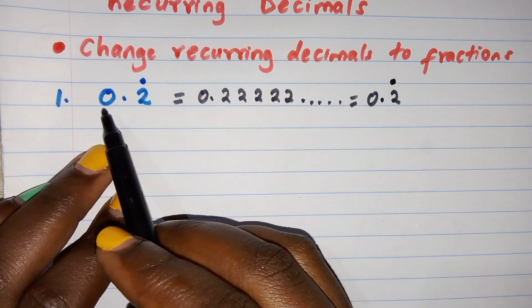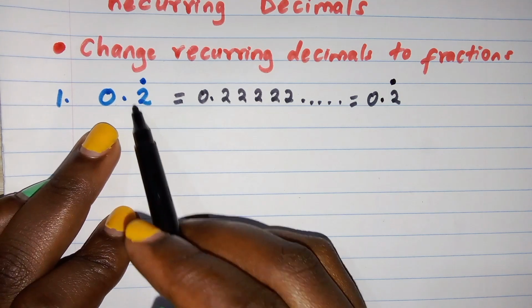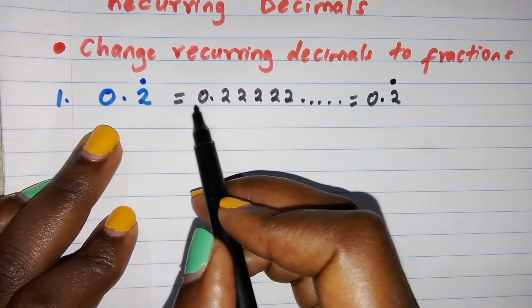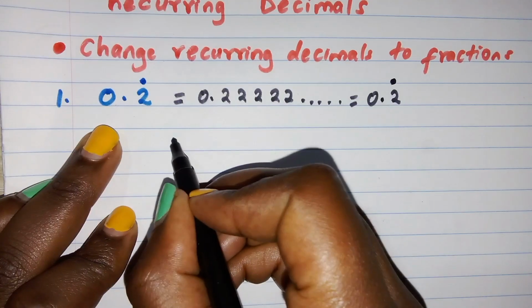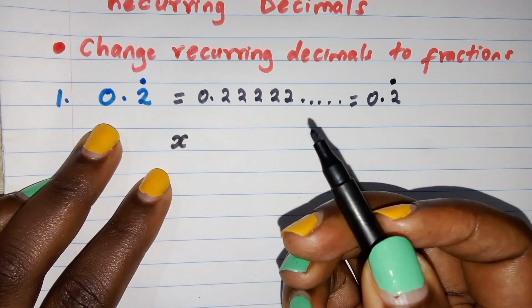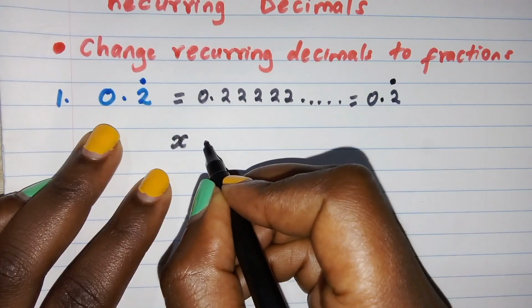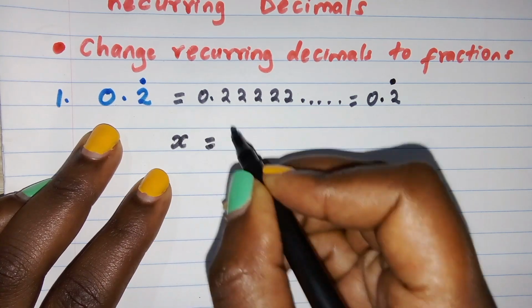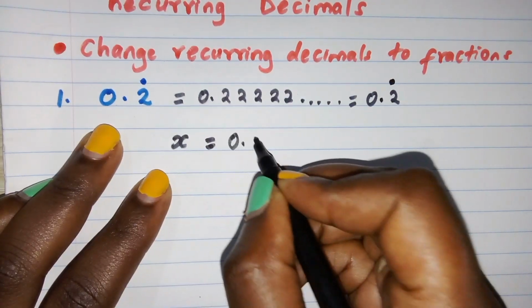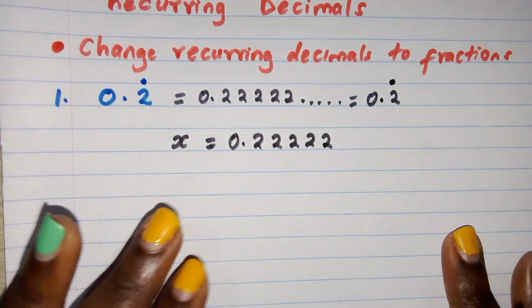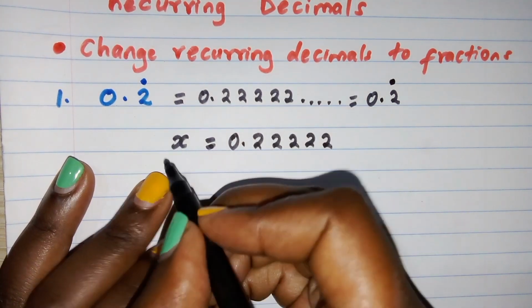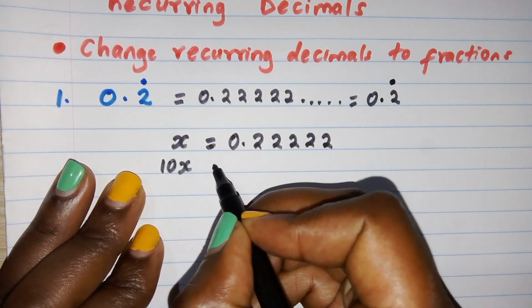So how do we change recurring decimals to fractions? This one has one decimal place, so we are going to write it in the expanded form. You can write it with x. You can use any letter, x, r, whatever letter you prefer. So x equals 0.2222 like that. Now we want to write 10x.